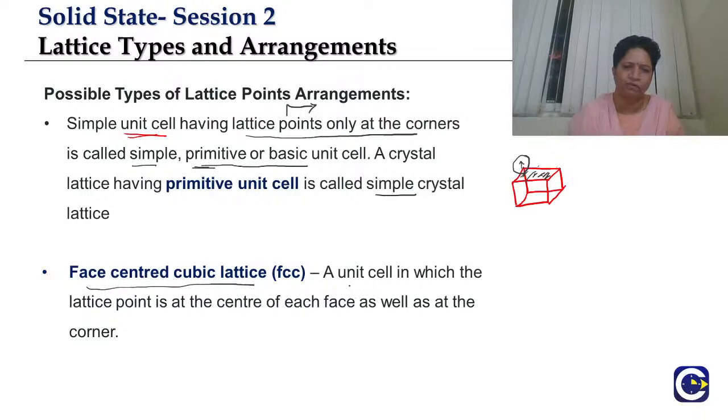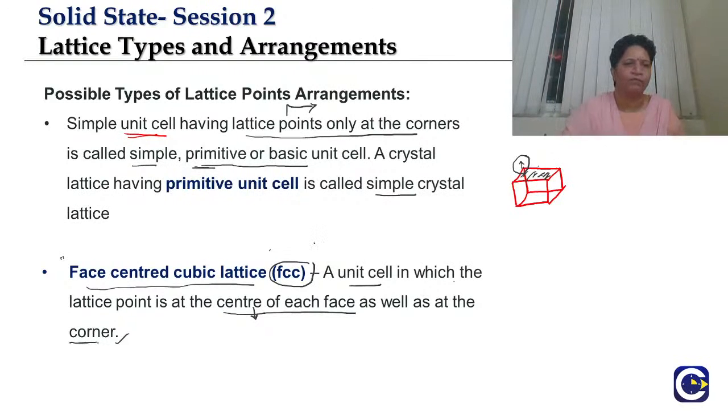That is, in a unit cell, along with the corner lattice points, if we have the center of each face, what do we call that unit cell? Face-centered cubic lattice. Short form will be FCC.